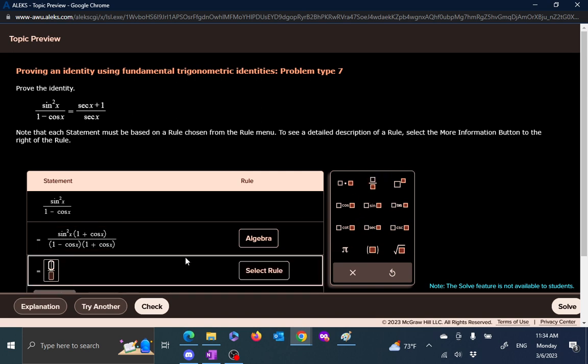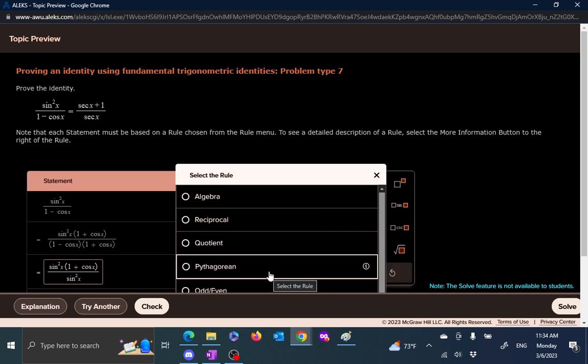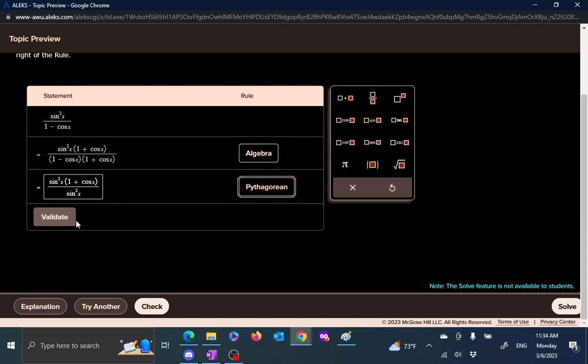Then the numerator is sine square of x. So now the challenge is just patiently typing stuff. Cosine of x, denominator is now sine square of x. What did we do? We applied Pythagorean to the denominator. Are we right? Hopefully. No.